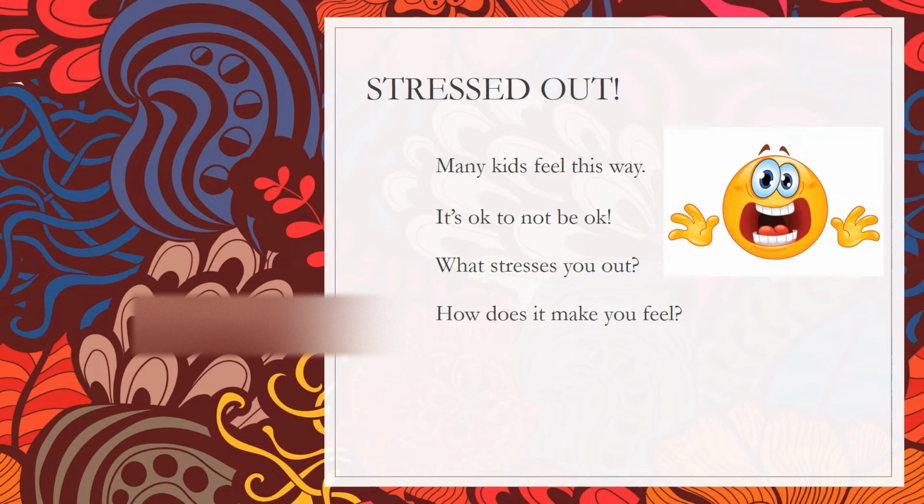So then we talk about how that might make us feel shaky sometimes, or we might get a little bit sweaty, or our chest might start to pound when we're stressed. So just talking about those physical manifestations of stress, because again, the more kids know what's normal and what reactions can happen to these emotions, the better prepared they are.